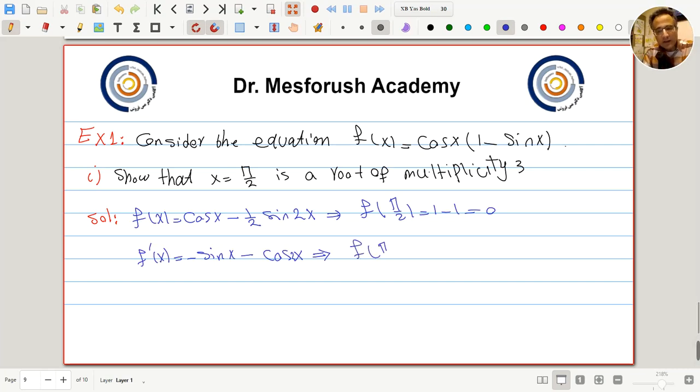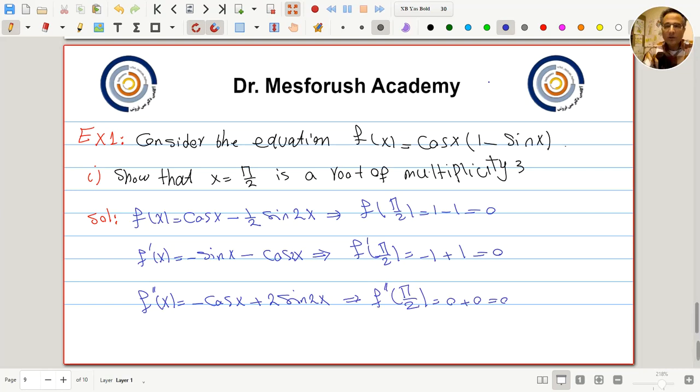And this gives f prime of pi over 2 is minus 1 plus 1, and it will be 0. Now let me show you f double prime of x. It will be minus cosine of x plus 2 sine of 2x, and if we compute f double prime of pi over 2, it's 0 plus 0, and it will be 0.